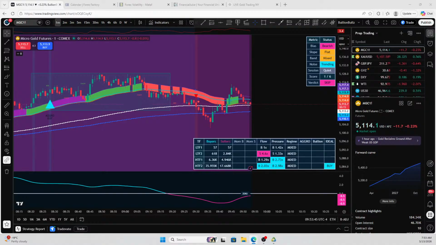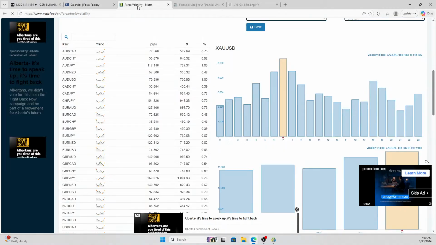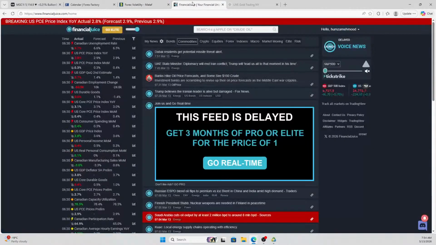I haven't seen any channel doing this every single day, where we go through this regime of going through our news, whatever news there is, because that's going to decide if there is volatility in the market. We look at the forex volatility: when is the pair we are trading most volatile?